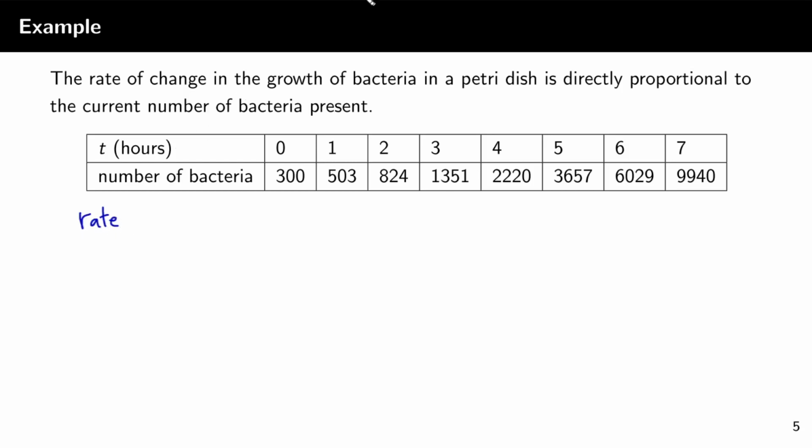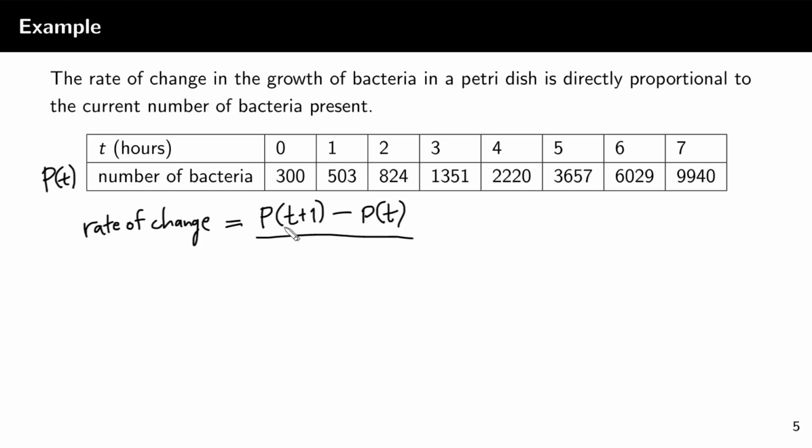Wait lang, gamit ako ng black. So, rate of change. Okay. So, rate of change is of course just equal to, suppose itong number of bacteria natin is given by P of T. So, it will be P at a future time T plus 1 minus the current number of bacteria, which is P of T, divided by, so this is ito yung change in population divided by change in time.